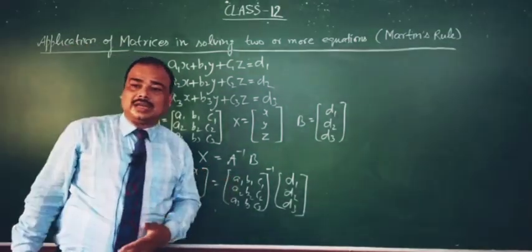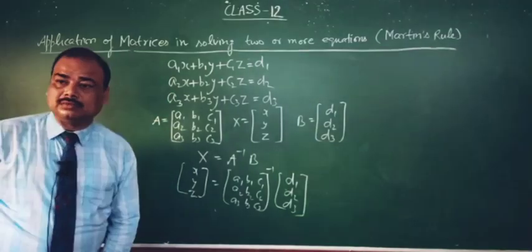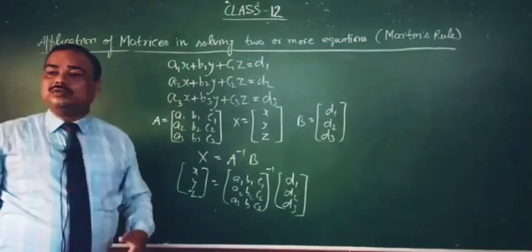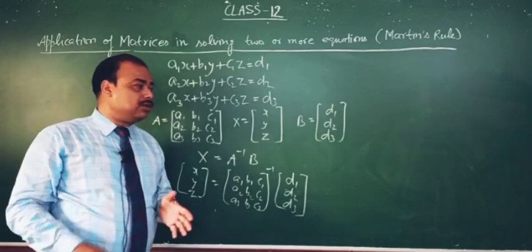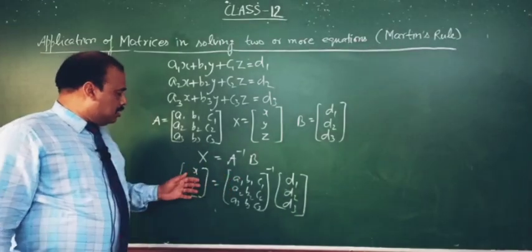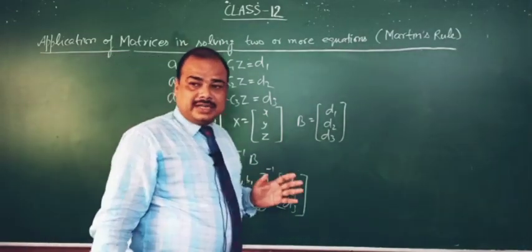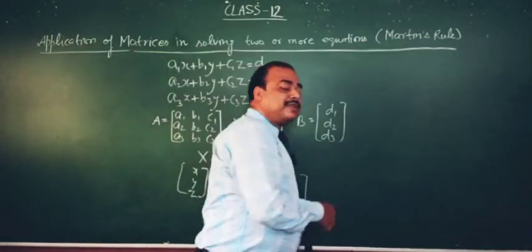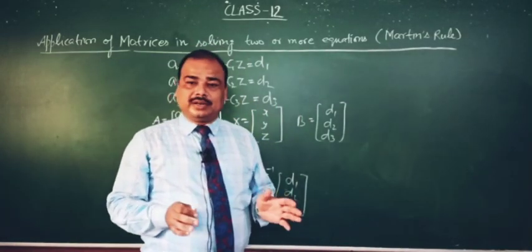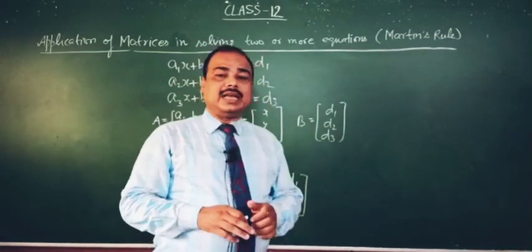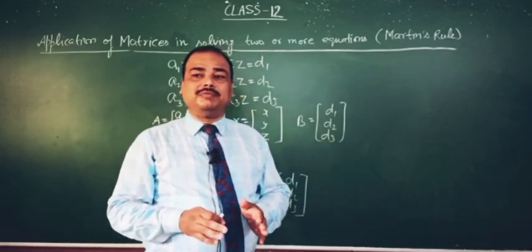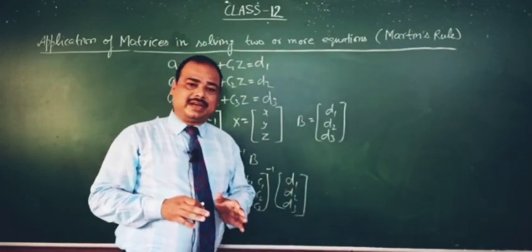If the determinant of a matrix is 0, then the matrix will be a singular matrix. Inverse of a singular matrix is not possible. If a matrix is non-singular, then we can find the inverse of that matrix.